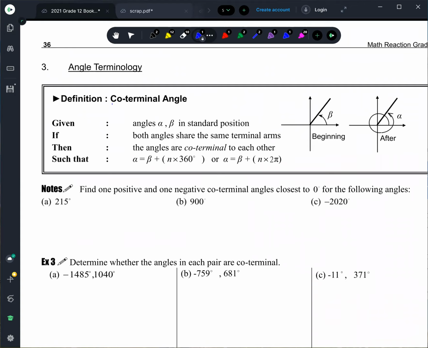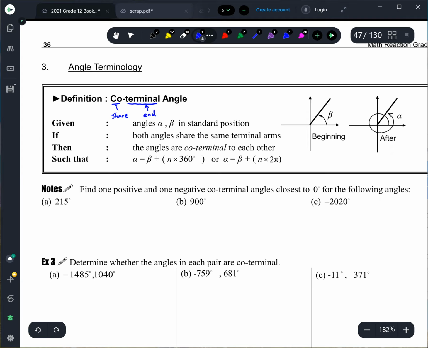Co means you share together, cooperate, you work together. Terminal means the terminal arm, the ending place. So if the angles share the same ending place, we call them coterminal angles.